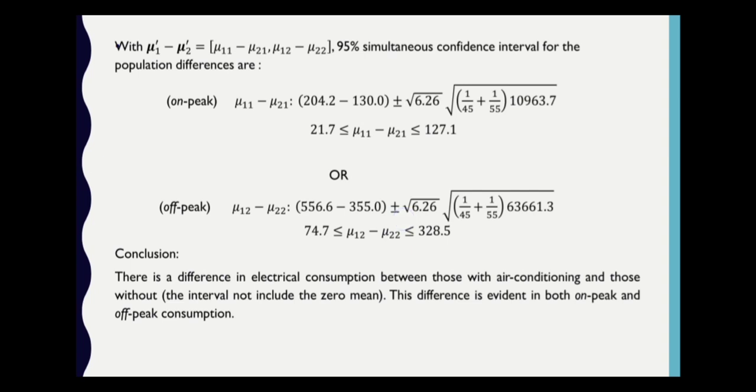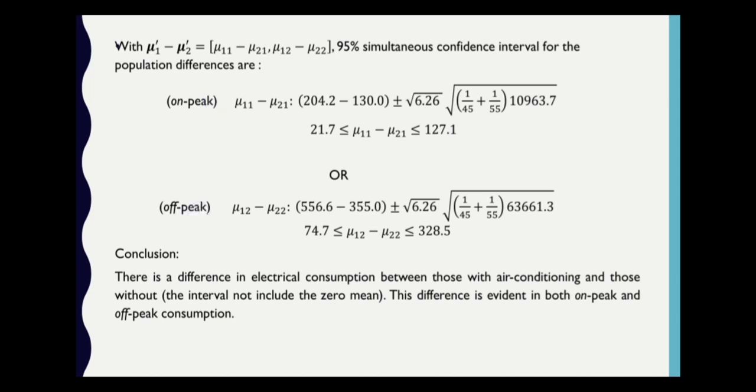Okay, so tengok kat sini, here on peak, here off peak, means that we find the confidence interval for the population mean difference for every variable.